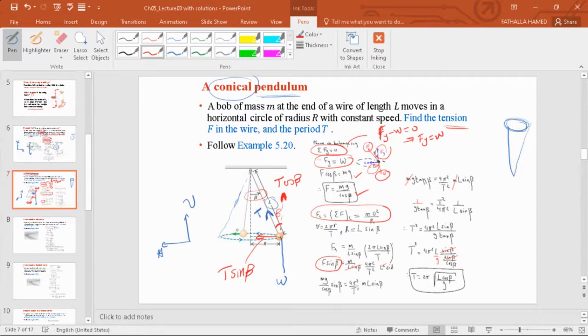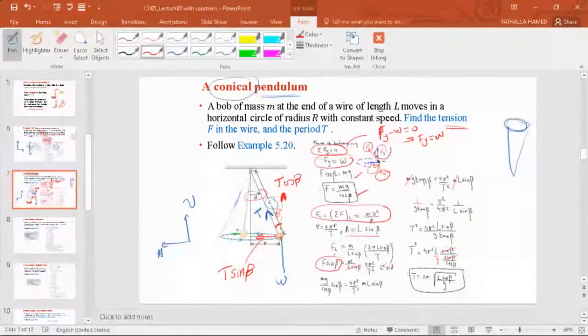Now, the pendulum is always of length L. So if you look at the radius here, it will be L sine beta. That's your radius. Now, if you want to get your speed, it will be 2 pi r over T. It's the circumference, like what we did in the previous example, divided by the period T. That's what I'm interested in.